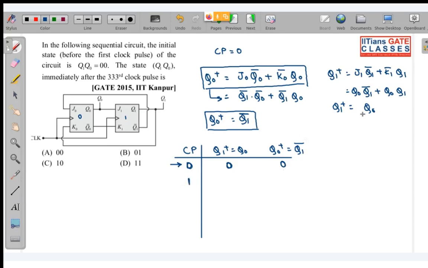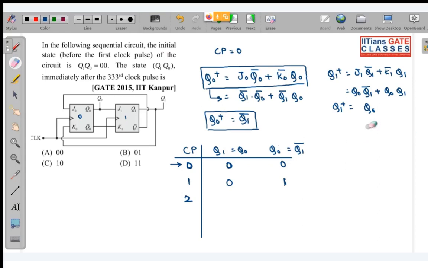So you can see Q1 plus is equal to Q0. Q0 is 0, and Q0 plus is Q1 complement. Q1 is 0 initially, so this will become 1. At the next clock pulse, this is your present state. This is your Q1, this is your Q0. If you feel a little difficulty, you can write it like this also.